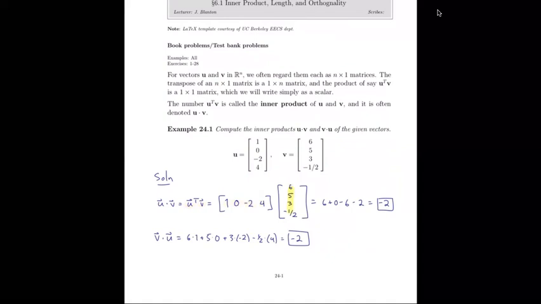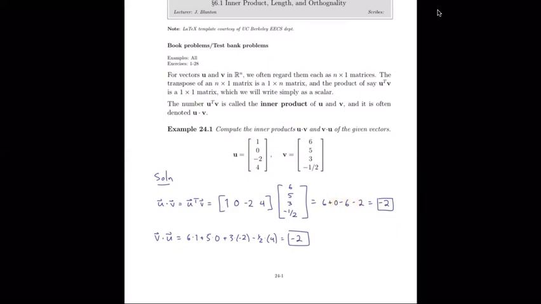And I should get a scalar out of this when I'm done. I have 1 times 6 plus 0 times 5 plus -2 times 3 plus 4 times -1/2. And we see all of that written to the right as 6, 0, -6, -2. We add all of those up and we get -2.